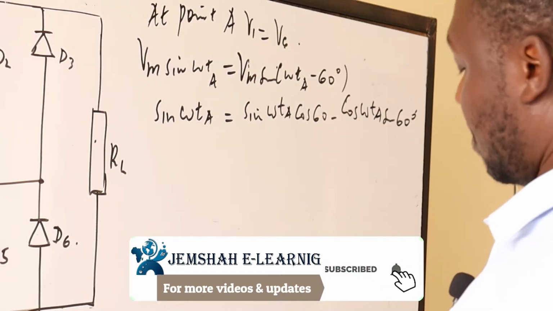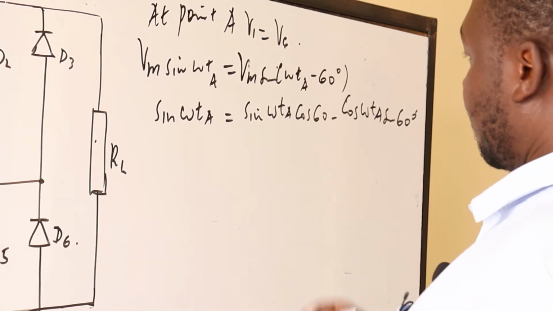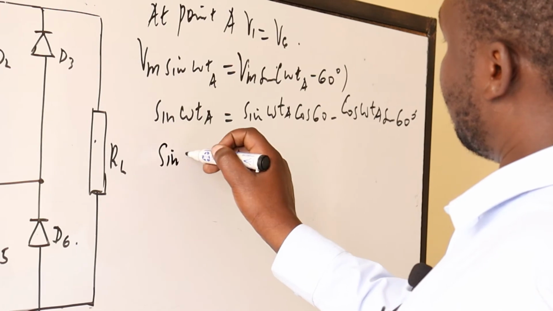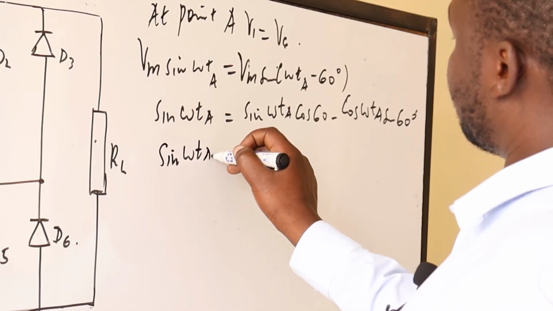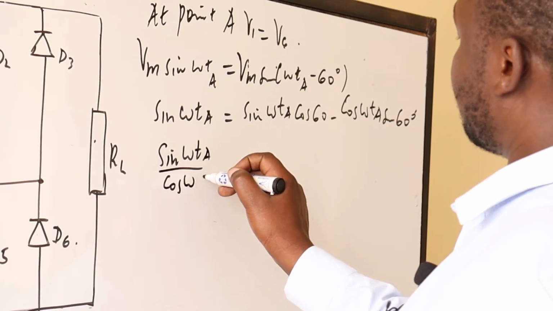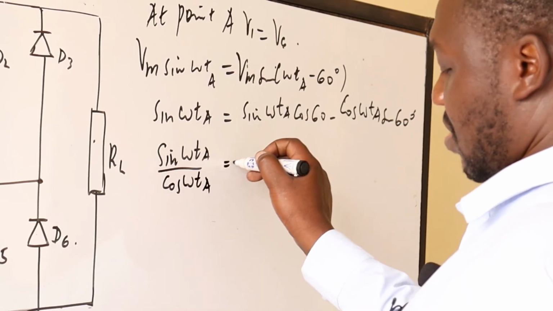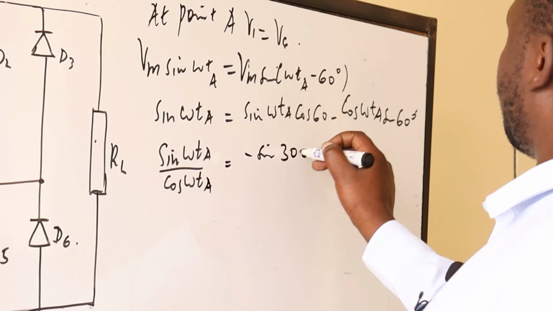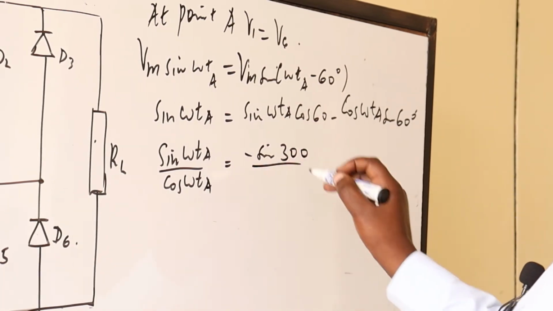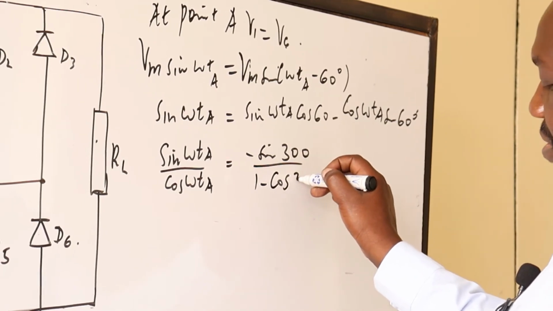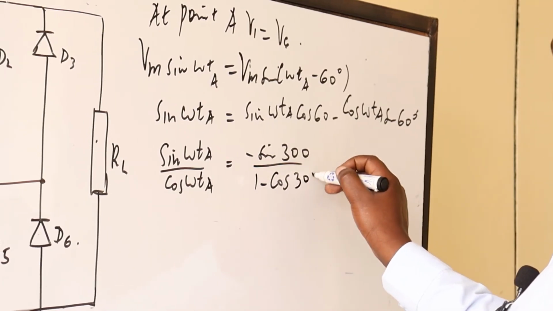So we shall have sine omega t at point A all over cos omega t at point A equals minus sine 300 all over 1 minus cos 300.